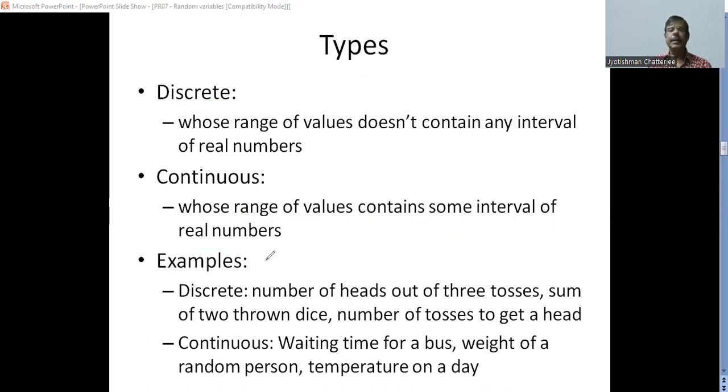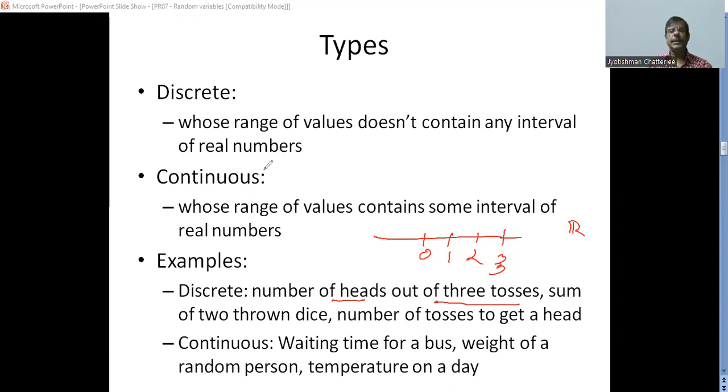Let's look into examples of both the types. Suppose we toss a coin thrice and count the number of heads. In that case, the possible values are 0, 1, 2, and 3. Clearly, it does not contain any interval of real numbers.